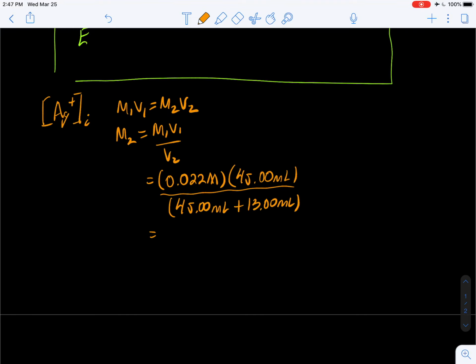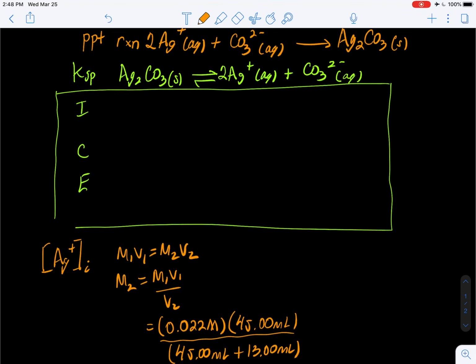So let me go ahead and do this on my calculator. 0.017 molar. Okay, and I'll put a little label on that. That's the silver ion concentration. Okay, and that's M2, or that's the initial concentration.